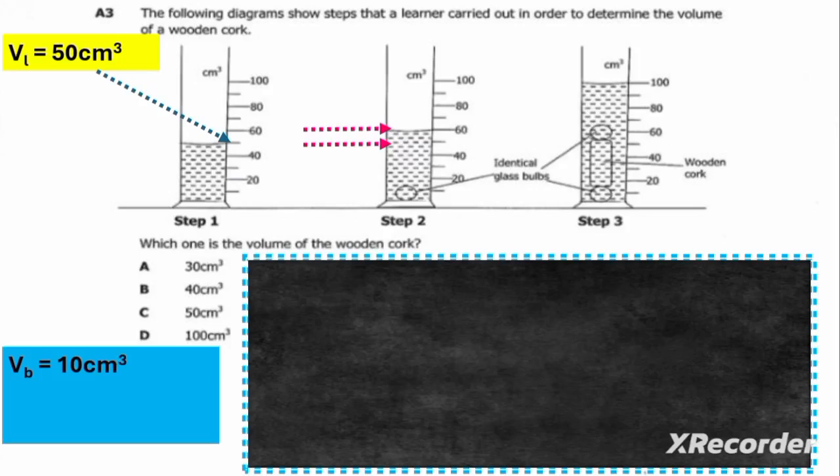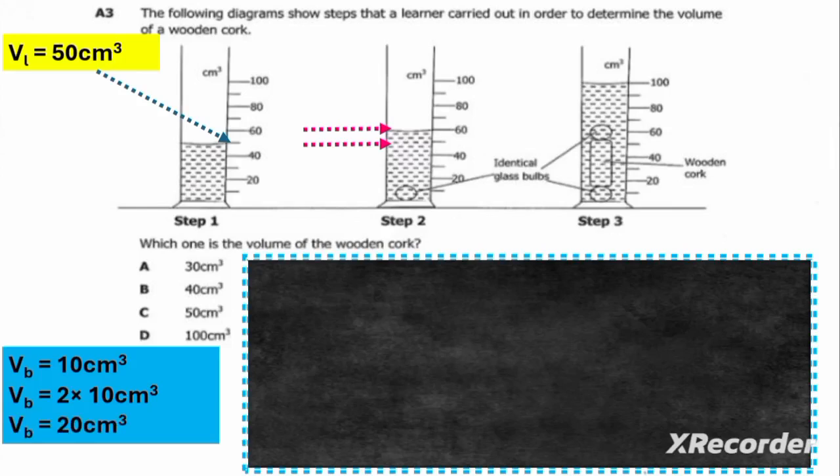In step 3, we have two bulbs. So the volume of these two, we are going to multiply by 2: 10 cubic centimeters times 2, then we get 20.